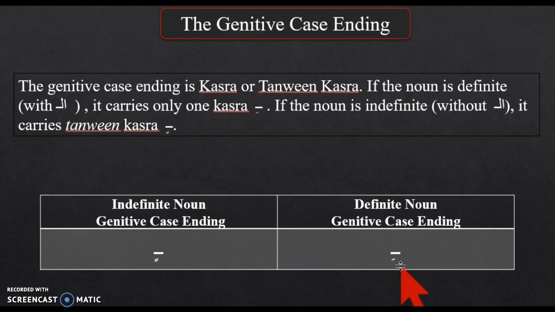Like you saw in the previous PowerPoint on the preposition as a genitive case, the genitive case is kasra when it's added to a definite noun, and tanween kasra when it's added to an indefinite noun.